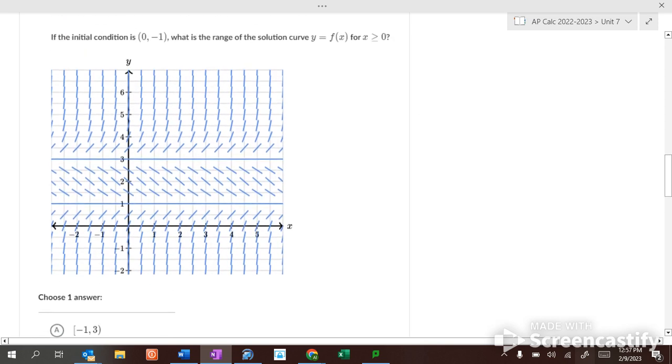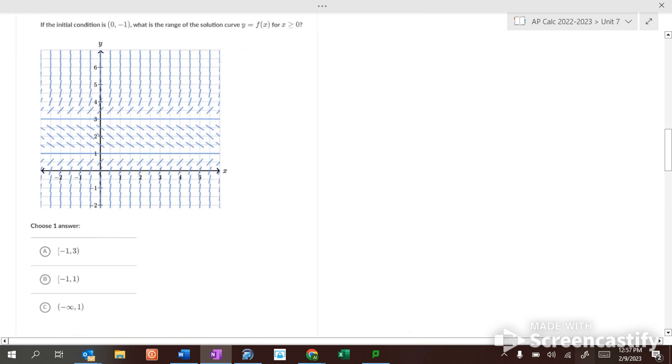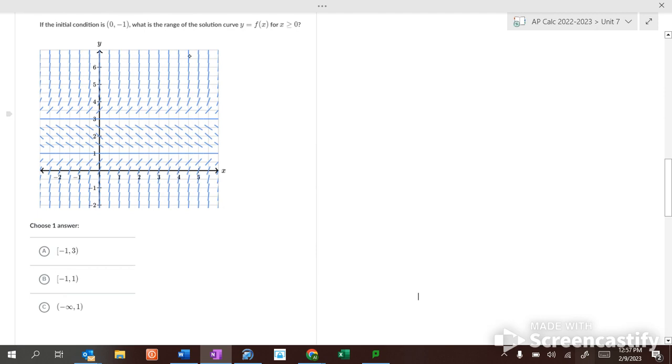When we get to these, the initial condition is (0, -1). So we're going to start right here at (0, -1). What is the solution as we go x greater than or equal to 0? Well, we have a positive slope, and then it starts flattening out, and this signifies an asymptote.